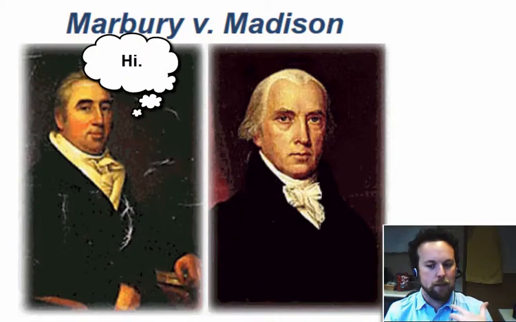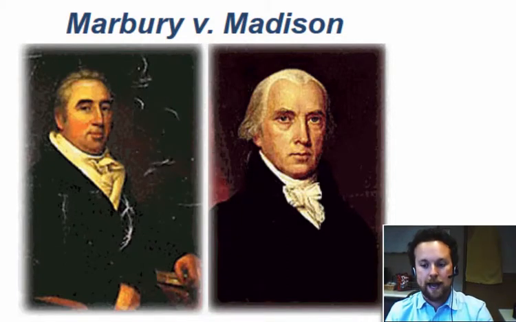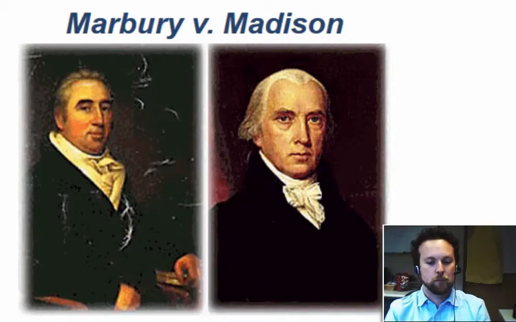William Marbury had been appointed by John Adams on his last night as president, but Republicans refused to accept his appointment because they felt that it was an unfair and really just a mean, devious act to try and pack the courts with Federalists.